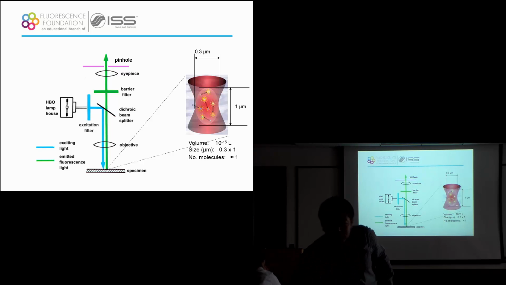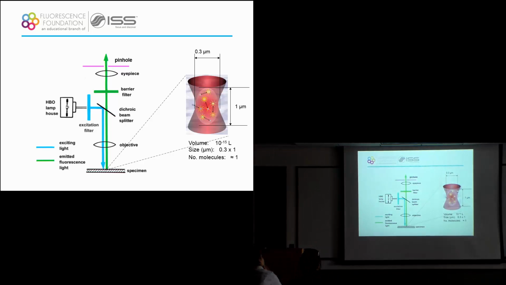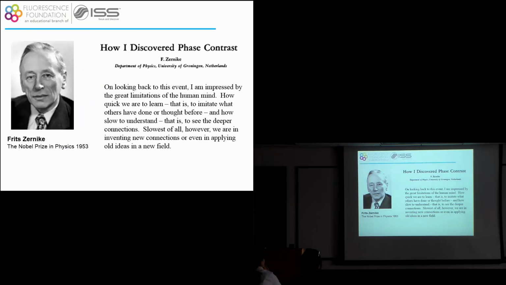If you do a little bit of calculation, if you have these volumes, so 1 micron, 300 nanometers, and you have a solution of 1 nanomolar concentration, on average, within this volume, which is actually 1 femtoliter, so 10 to the minus 15 liters, you have 1 molecule at a time. So this is a technique that enables you to follow 1 molecule, so a single molecule detection.